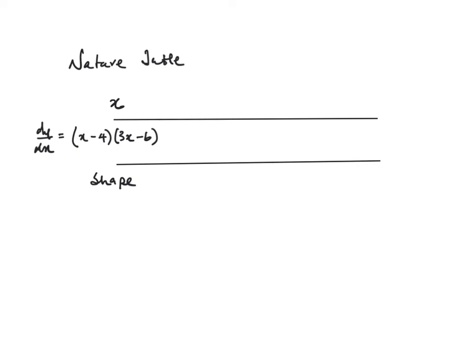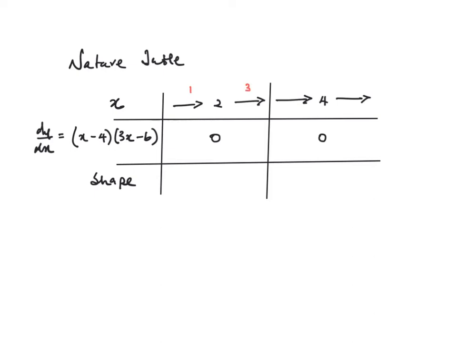So we have stationary points at 2 and at 4. We know that this will be 0 here, and this will be 0 here. Now, let me just take the value 1 and 3.